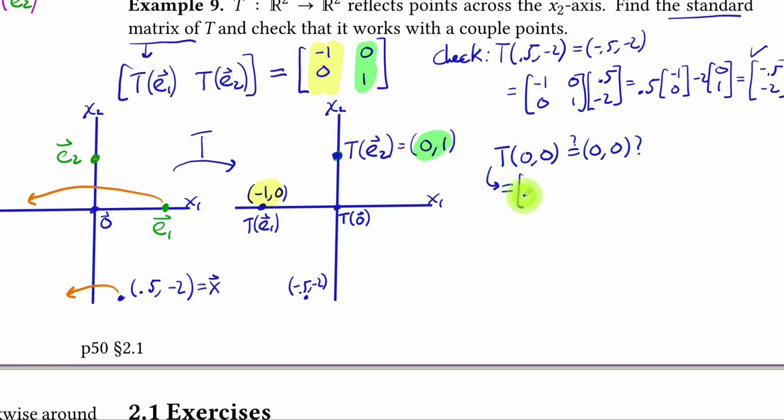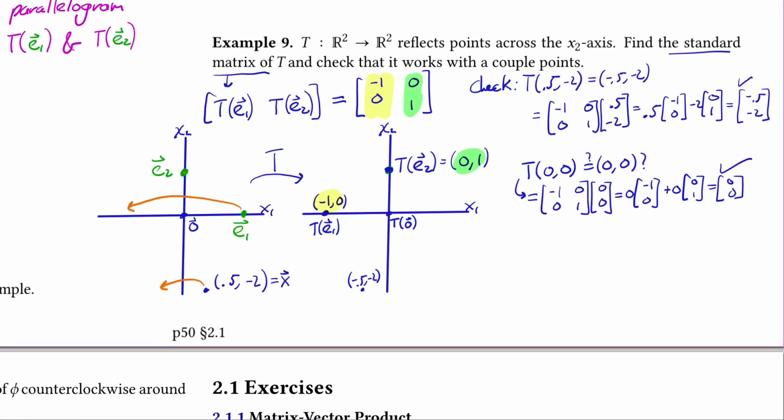T of 0, 0, if the standard matrix is correct, should be this matrix multiplied by 0, 0. And of course, that's going to give you a linear combination where the weights are 0, which is always going to be 0. Okay, so we checked it with a couple points. So let's put a box around our answer. There's our standard matrix.